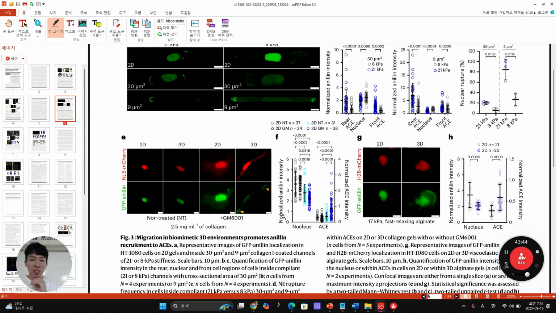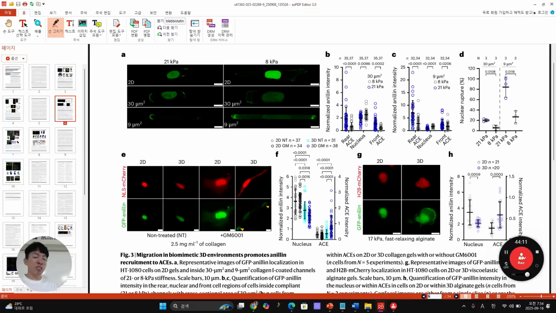So when you look at this, especially this 3D and then GM, and also 2D, you can see this NLS is more leaked out, and then GFP lamin is a little leaked, but not that much from a confined area, right? 2D here means without chips, only collagen on top.